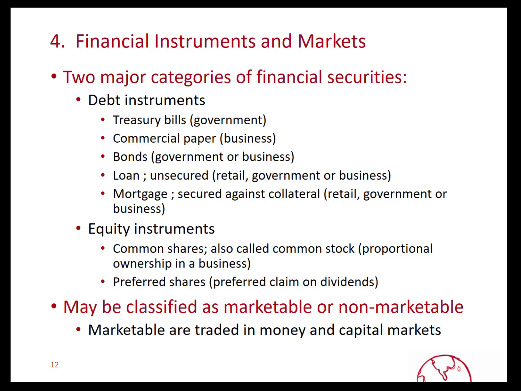We're going to spend quite a bit of time talking about both of those, but just be aware the common shares represent ownership in a business, whereas preferred shares simply give you a prior claim on dividends. Now, any of these instruments may be classified as marketable or non-marketable. We can have publicly listed equity, but we can also have private equity, which is not listed and is therefore less liquid.